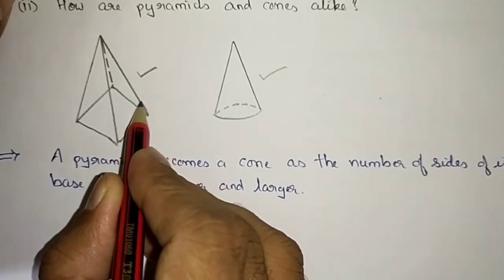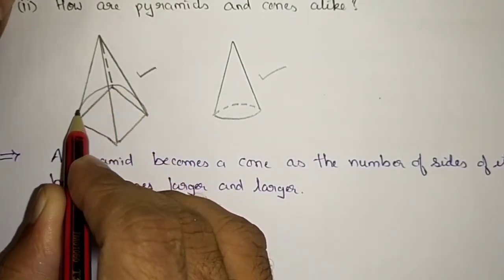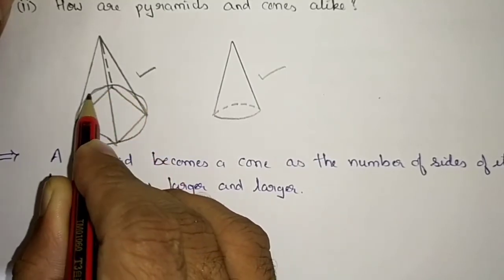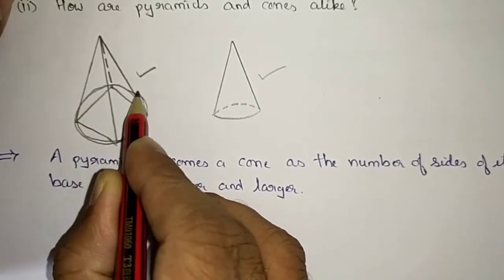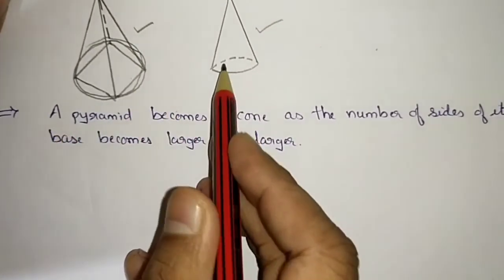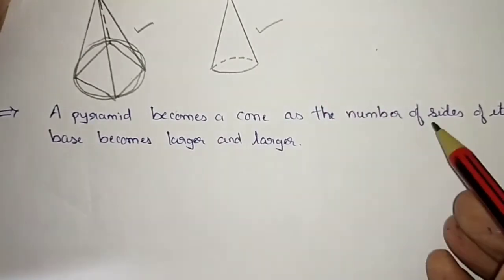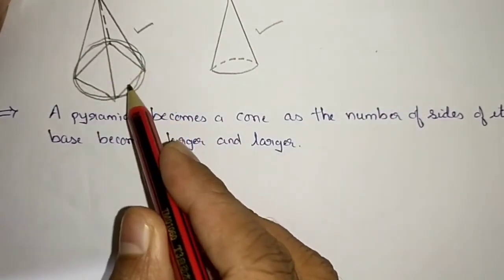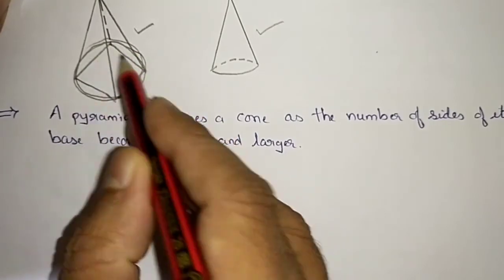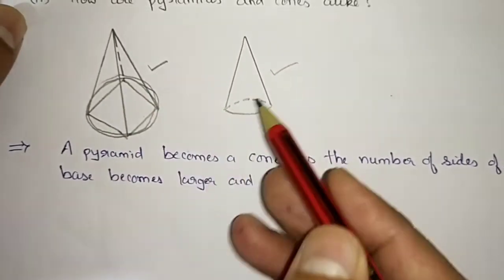If I go on increasing the number of sides of the base, I will eventually make it a circle. So the answer is a pyramid becomes a cone as the number of sides becomes larger and larger. Once I make it larger and larger, it will eventually become a cone.